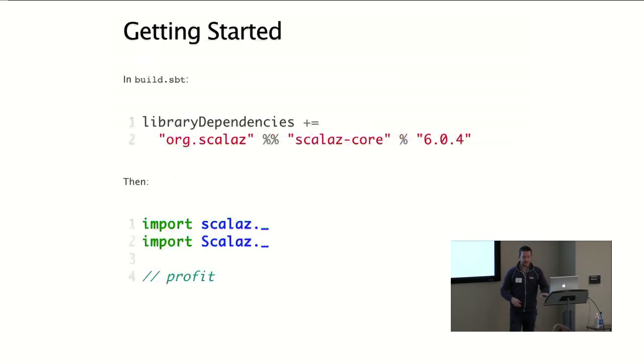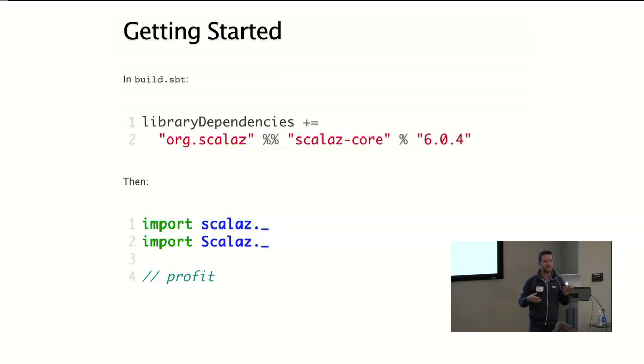Okay, so how do you get into Scalaz? Well, this is for SBT. Probably everyone who's used Scala uses SBT. SBT has the same ideas as something like Maven, where you can have a dependency. This is the magic string to say, I want Scalaz, and I'm going to be talking about Scalaz 6. There is a Scalaz 7 in the works.